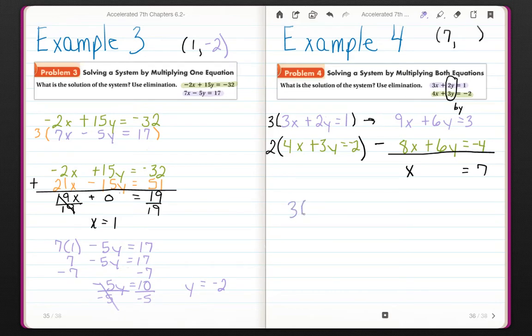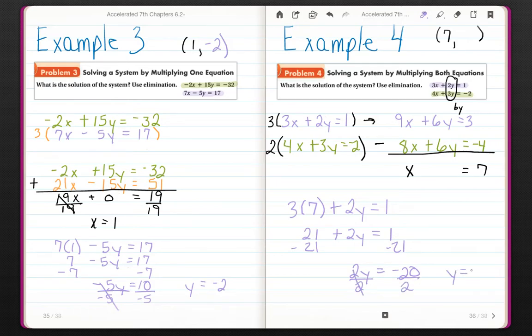3 times 7, or 3x, plus 2y equals 1. 21 plus 2y equals 1. Subtract 21 from both sides. 2y equals negative 20. Divide both sides by 2.